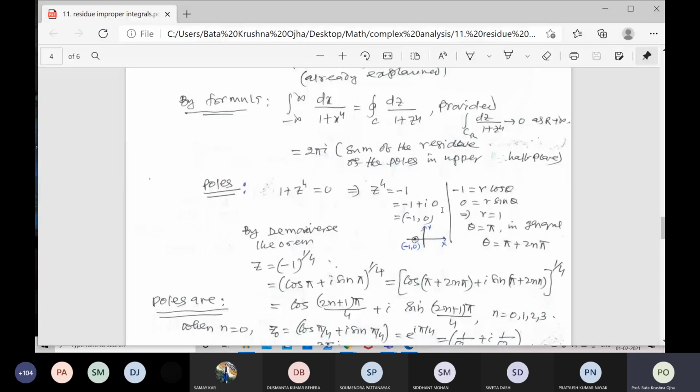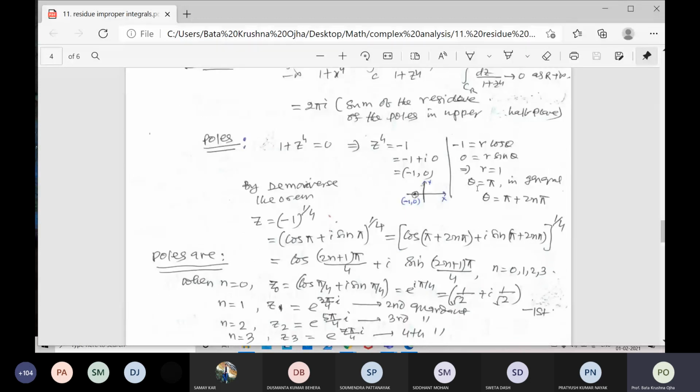We cannot take r equal to minus 1 because it is the radius of the circle. So what is theta here? Theta is pi. Why pi? Because this is minus 1, and cos pi is minus 1. Therefore we take theta equal to pi, so in the general case theta is equal to pi plus 2n pi.